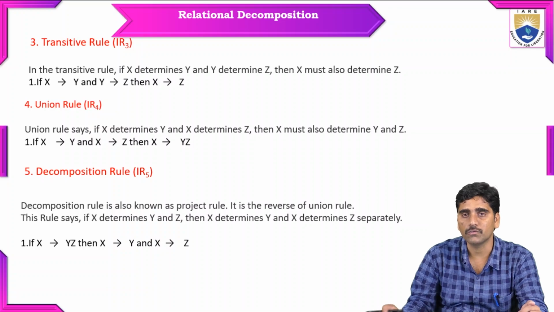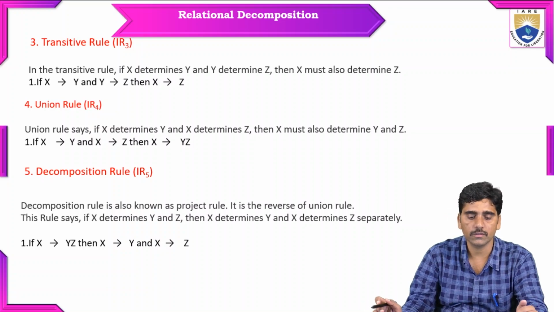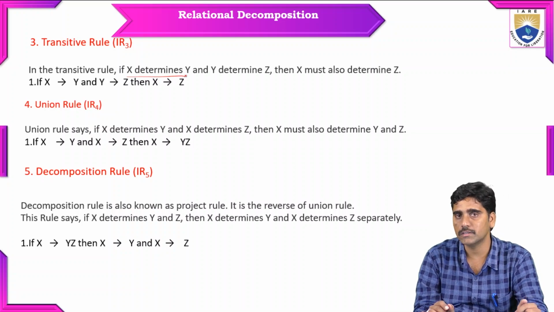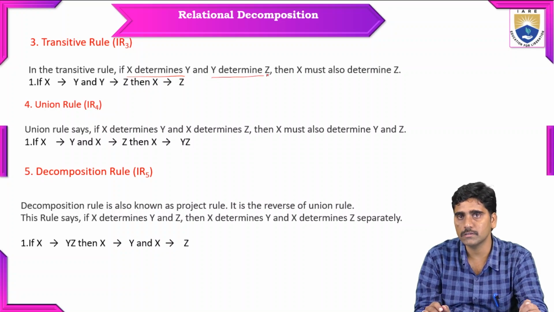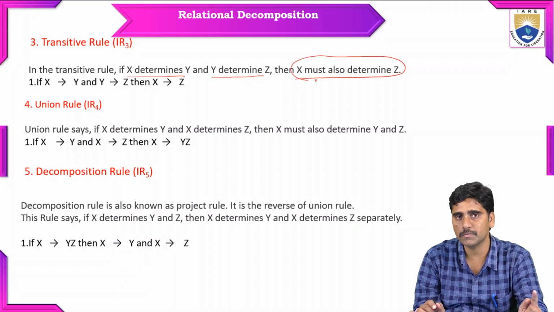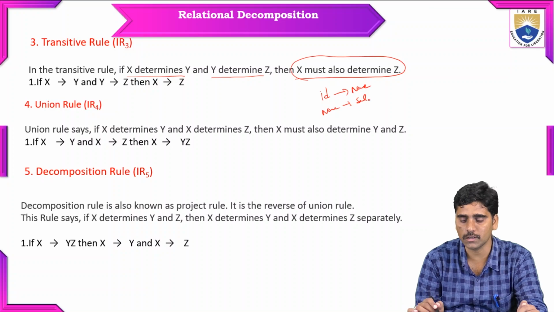Next, the transitive rule. In the transitive rule, if x determines y and y determines z, then x must also determine z. Suppose x is id and y is name, and name determines salary.